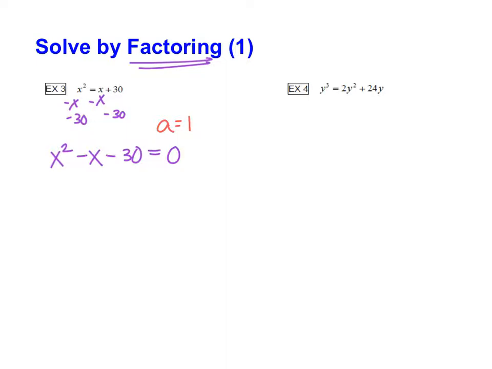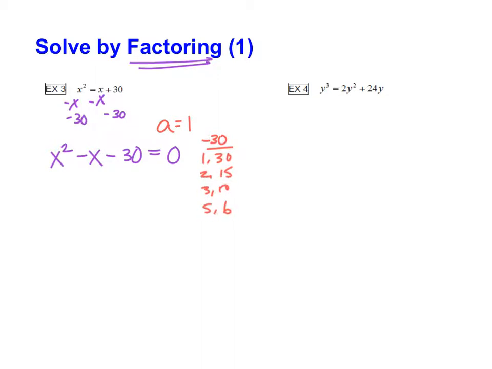So what we do is we focus on our last term, that negative 30. We want factors of negative 30 that add up to this middle term of negative 1. So factors of 30 are 1 and 30, 2 and 15, 3 and 10, and 5 and 6. But they have to multiply to a negative 30, which tells me of the two numbers, one of them will be negative.